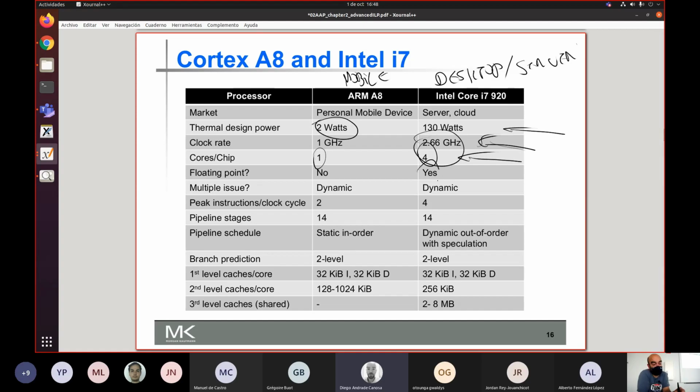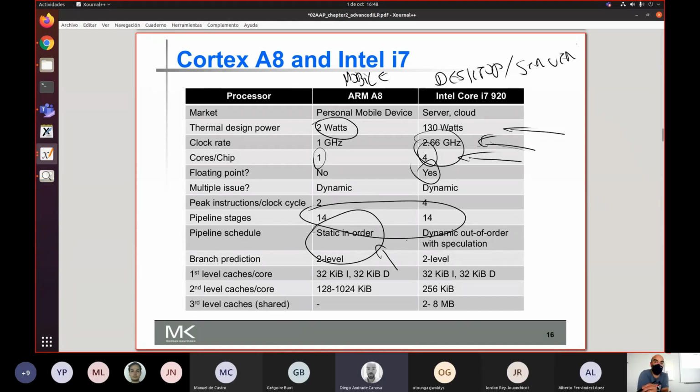And what is important to us is how the execution of instructions works. In the mobile processor, the execution is static in order because this simplifies hardware, and in the other, we have the full package of characteristics: dynamic, out of order execution with speculation, okay?